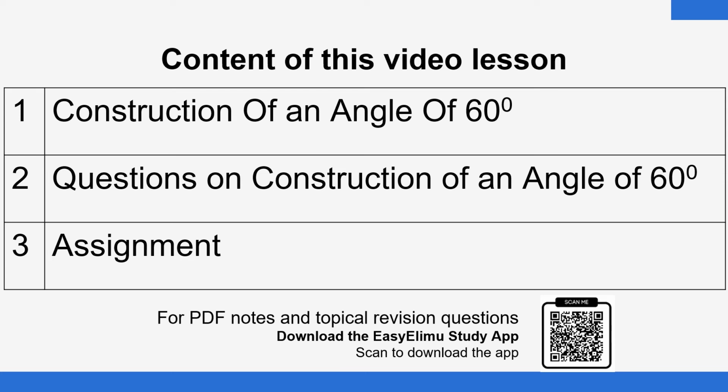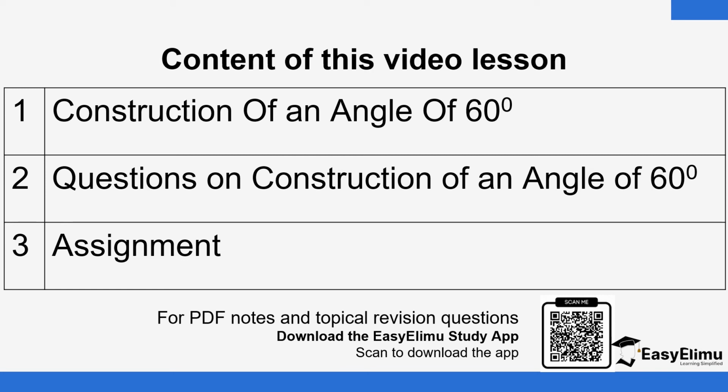And then we have some questions at the end of the lesson to help us with practice and to help gauge your understanding of the concept as we are going to discuss during this lesson. So we are going to construct 60 degrees using a ruler and a pair of compasses only.